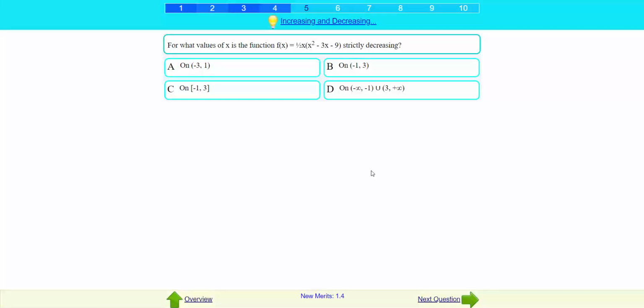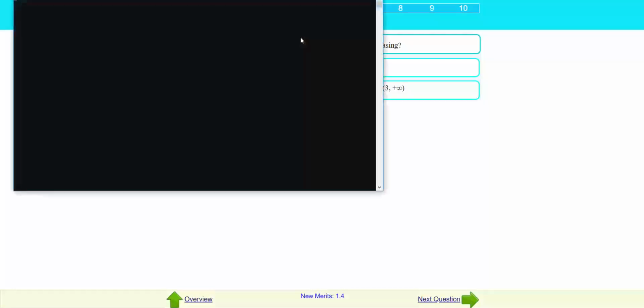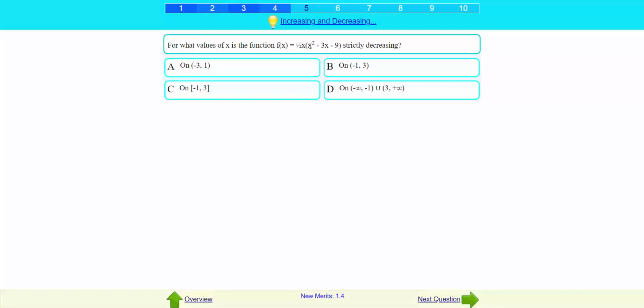Strictly decreasing. x squared minus 3x minus 9. So we just take, multiply this in here so that it will make things a bit simpler for us. Where's my pen? I've lost my pen.